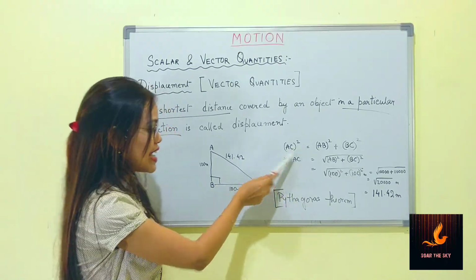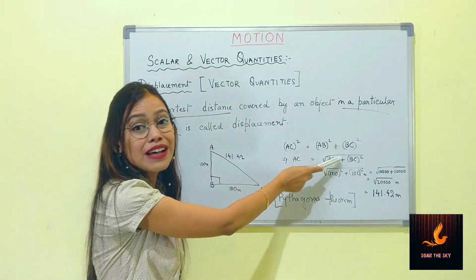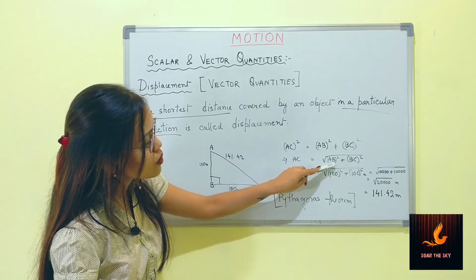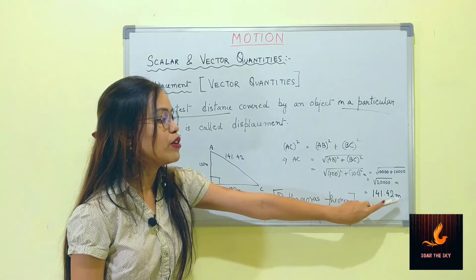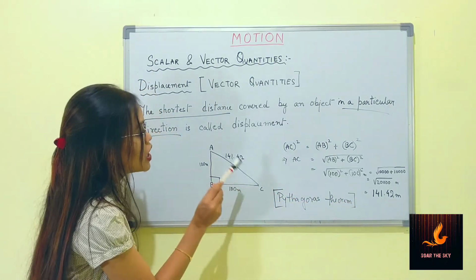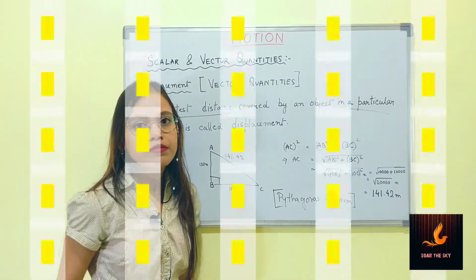So here AC is the hypotenuse, AC square is equal to AB square plus BC square, and so AC will be root over of AB square plus BC square, which is around 141.42 if we calculate it. Okay, so this will be your shortest distance or displacement.